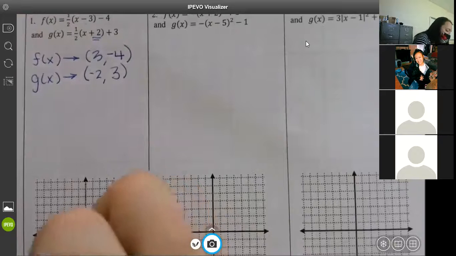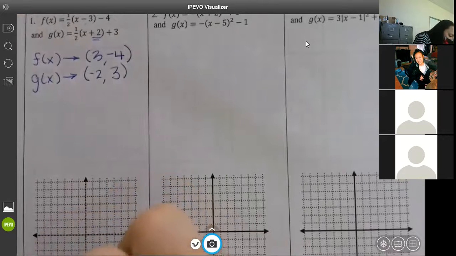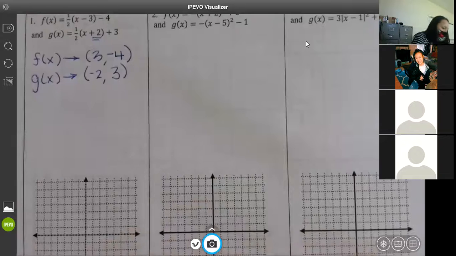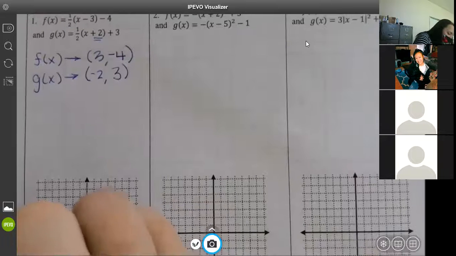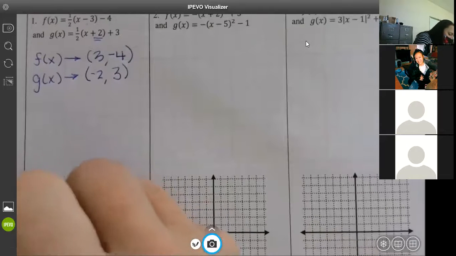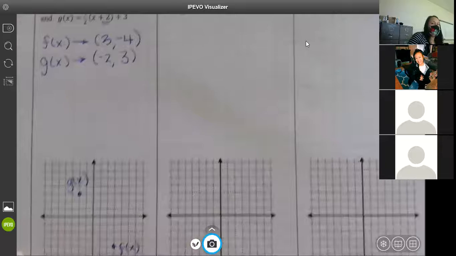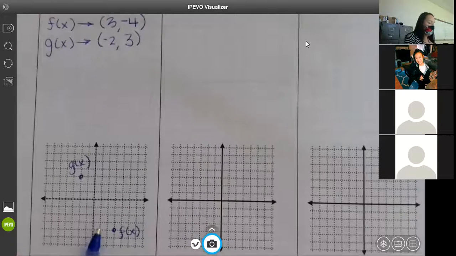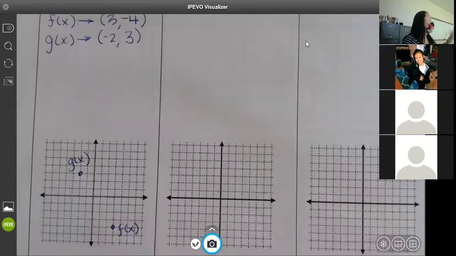So here's what I'm going to do now. Graph them. 3, -4, and -2, 3. How did we get from f of x to g of x? It's asking what directions did we go and how much.